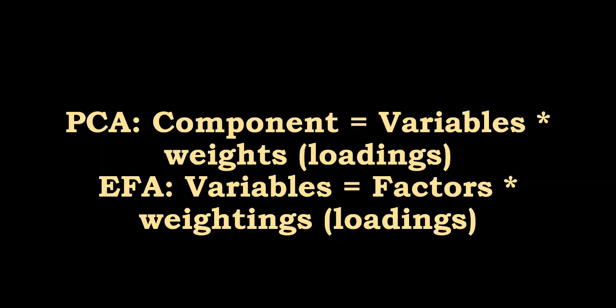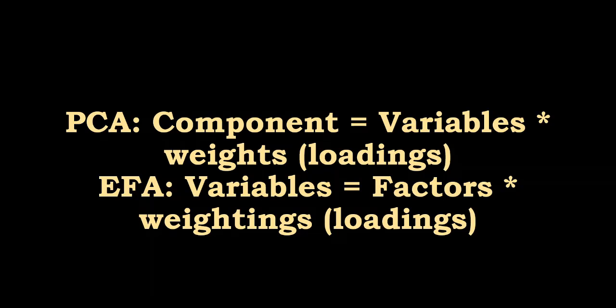So it's very similar to regression, whereas instead of the regression coefficients, here we've got the factor loadings. And the difference with regression is that in regression the dependent or outcome variable is a measured variable, whereas in this case it's not.